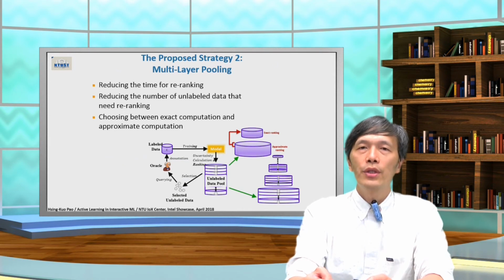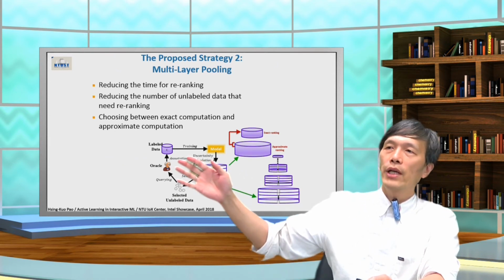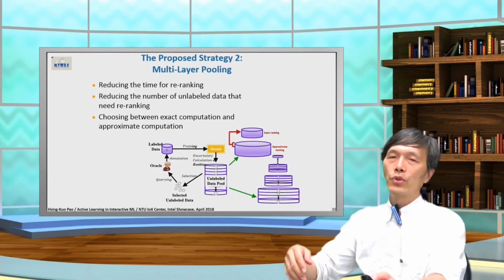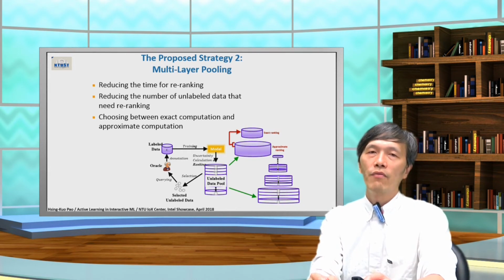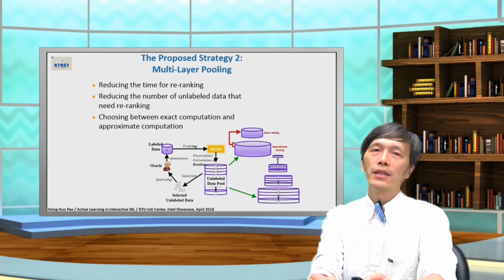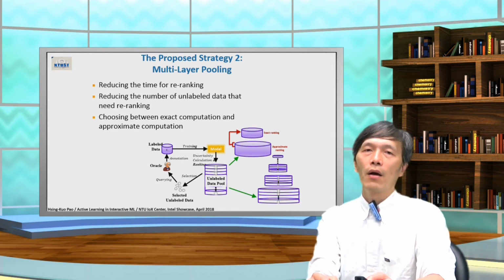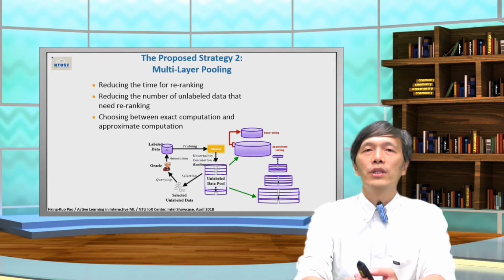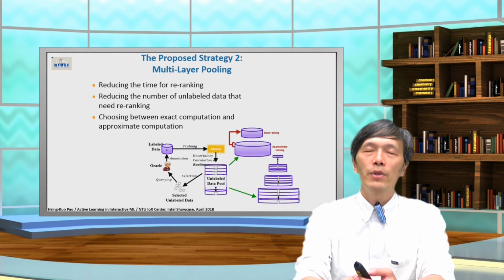Here is another strategy that we propose: we use a hierarchical strategy to separate between, let's say, some data that could be very important and some data that could be not so important. For those data not likely to be informative, that we later want to ask for their label information from the Oracle, we just perform some approximate computation, such as performing PCA to project them to a low dimensional space.